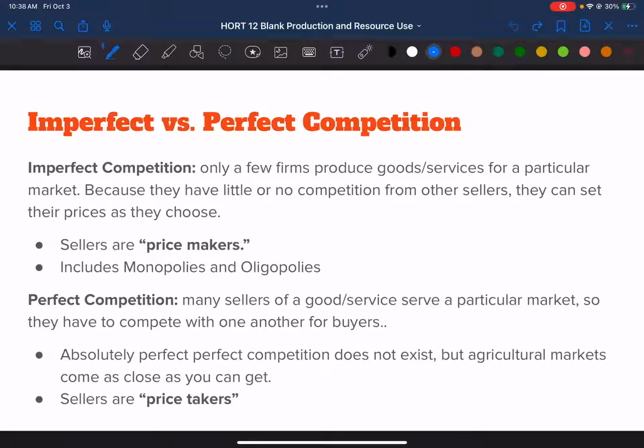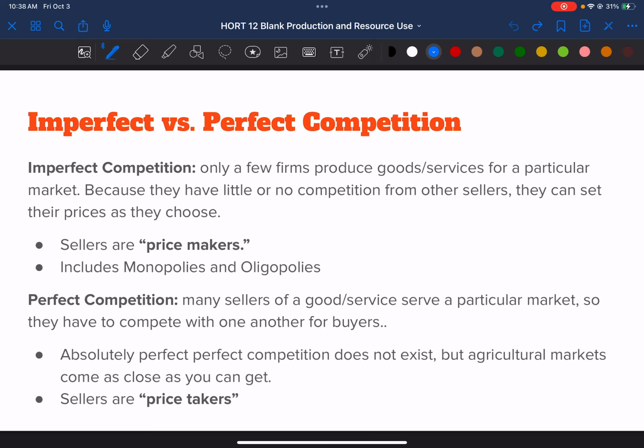But in contrast, perfect competition means that there are many sellers of a good or service that are producing a particular good or service to serve a market. So because they have to compete with one another for buyers, sellers are considered price takers. They don't get to decide how much to charge for their product.